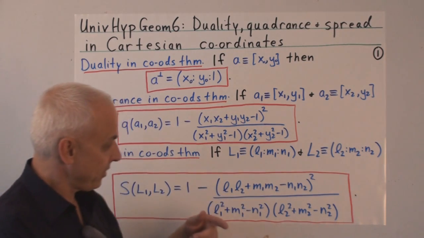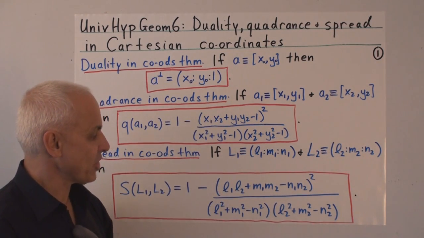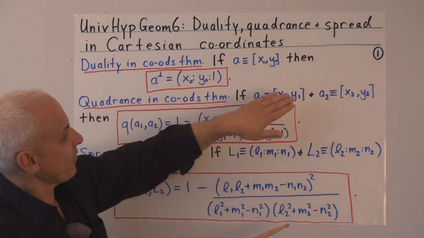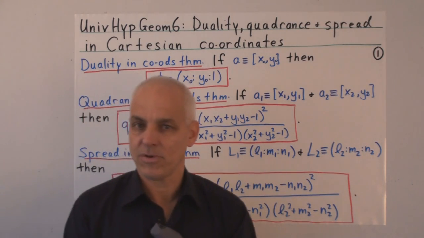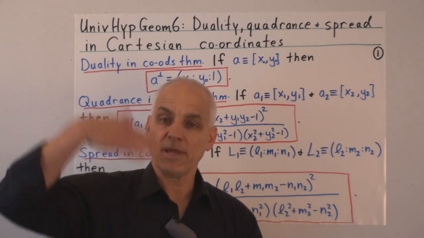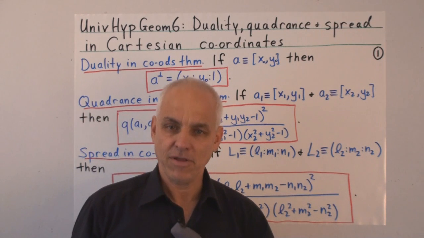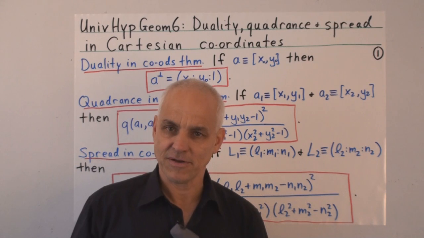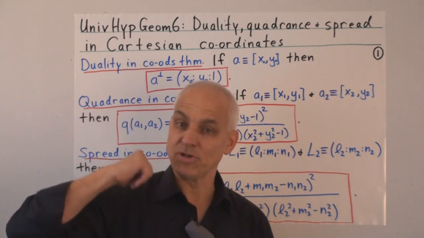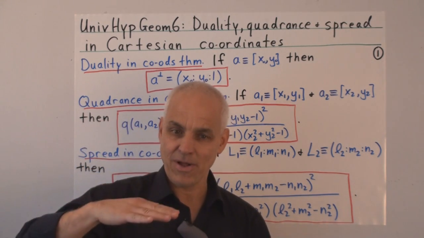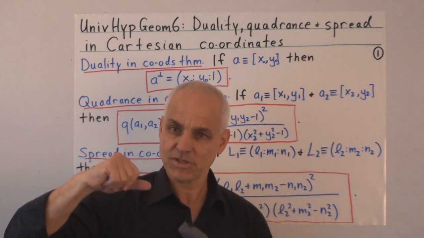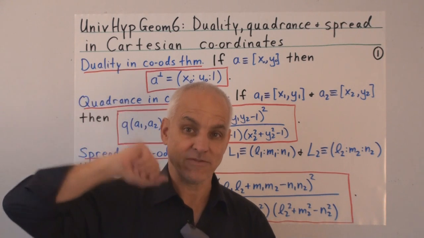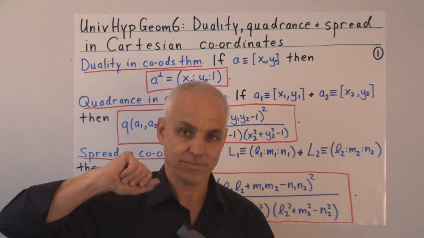We're going to end up with new versions of these theorems which look a lot the same but slightly different, in which the roles of the points and the lines are much more symmetrical. Even though we're going to be moving to this higher level later on, I think it's good to start here and develop the formulas in the Cartesian setting. Then when we go to the projective setting, you'll be able to see how the transition looks, which is quite instructive: how to go from a Cartesian equation to a projective homogeneous equation.